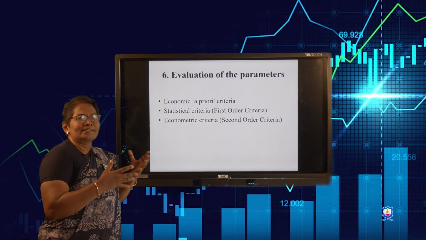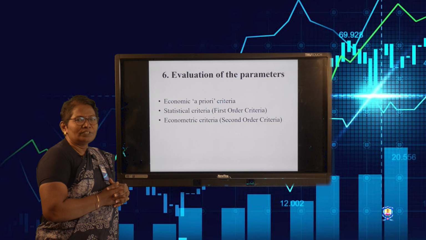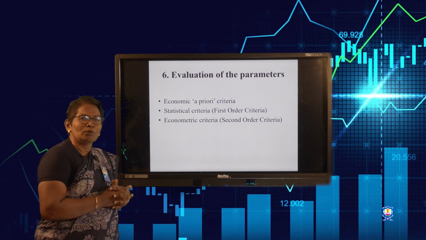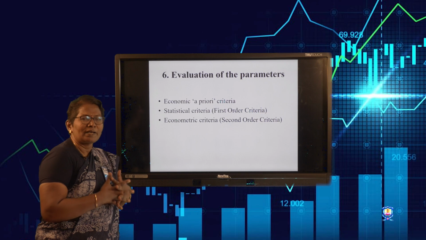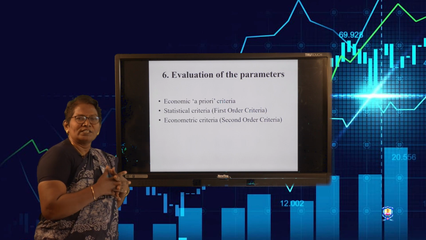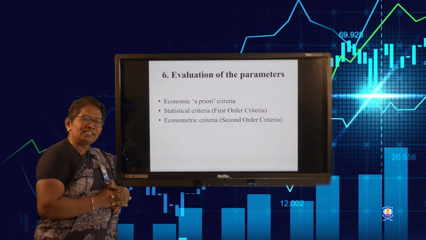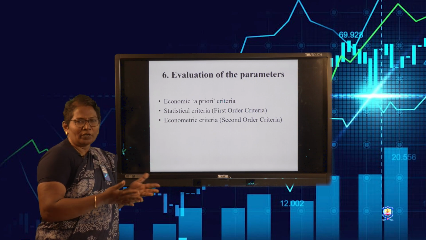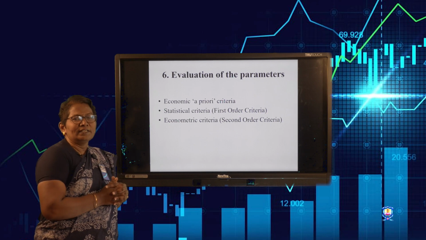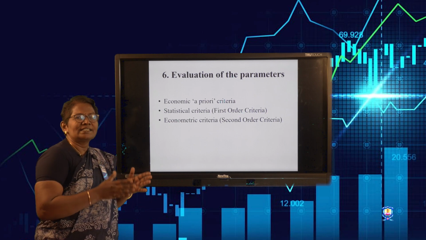Now, after estimating the model, we have to evaluate the parameters of the model. That means we have to find out the statistical significance of the parameters of the model. We have estimated two parameters, one is B0, the intercept coefficient, the other is B1, the slope coefficient. These two coefficients have to be evaluated, that is, we have to find out their statistical significance.